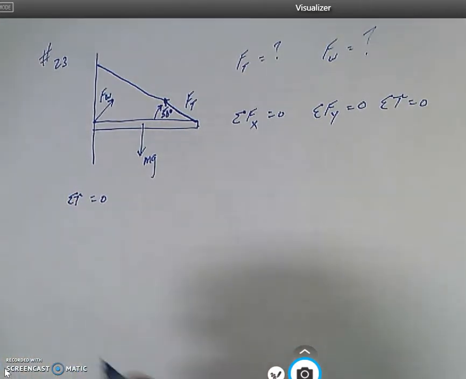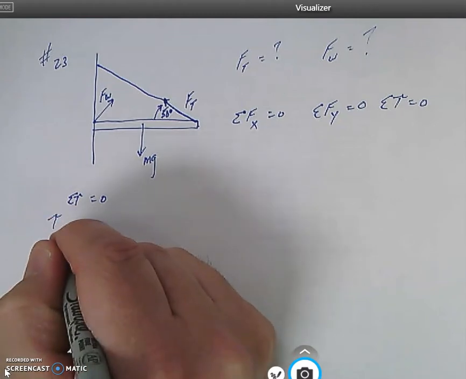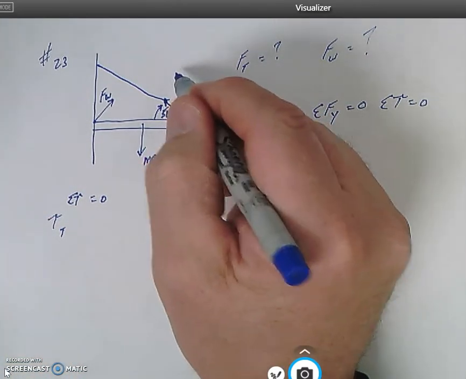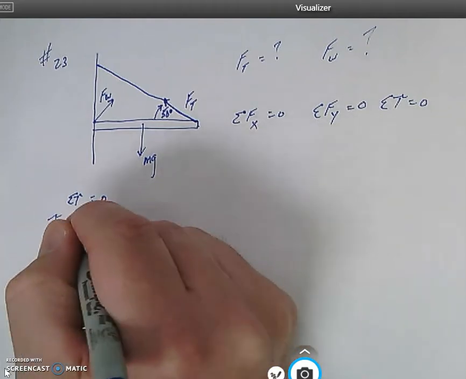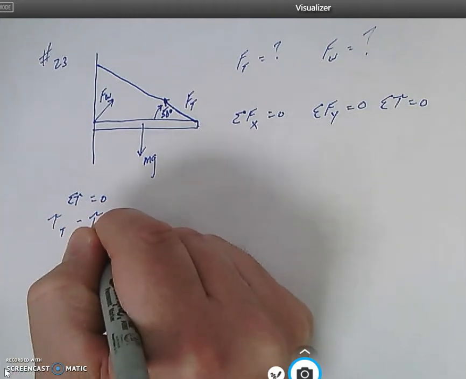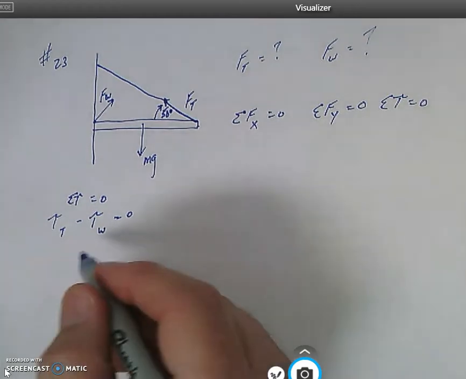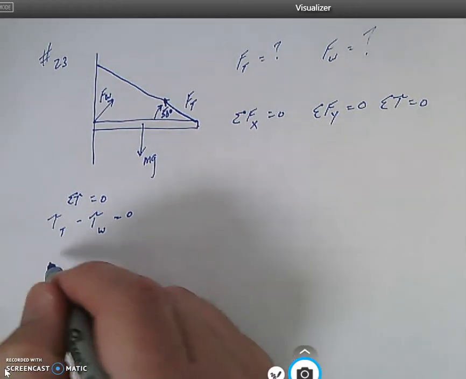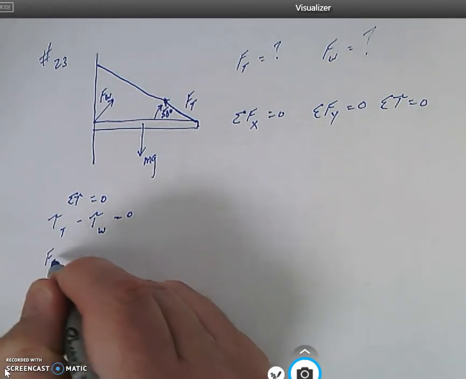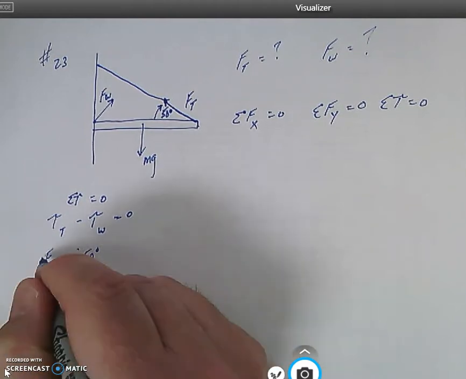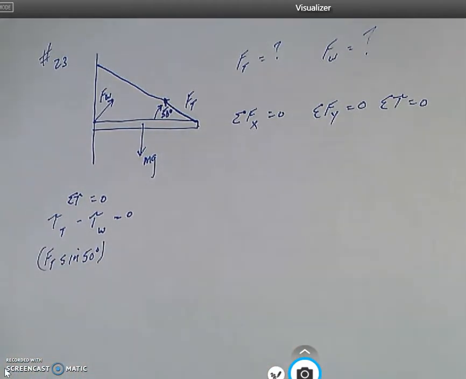Now I've got a torque because of the tension. That wants to make this thing rotate counterclockwise, and this weight wants to make it rotate clockwise. So the torque because of the tension minus the torque because of the weight must equal 0. The torque because of the tension is the full tension force times the sine of 50 degrees, because only forces at right angles create torques.